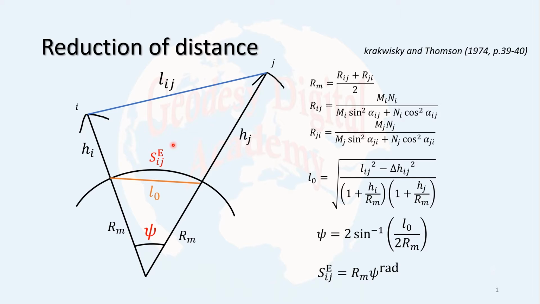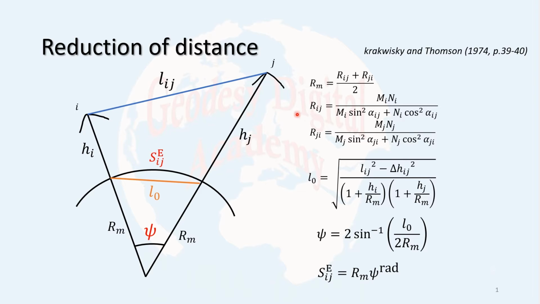However, we know that the ellipsoidal geometry is not that simple, and we have to somehow approximate the ellipsoid to a sphere in this area. So we use Eulerian radius, which is defined between 2 points, I and J, and we consider another Eulerian radius from J to I and take the average.